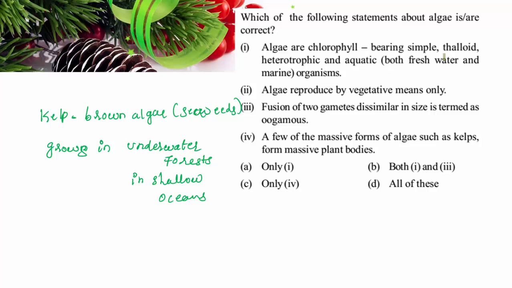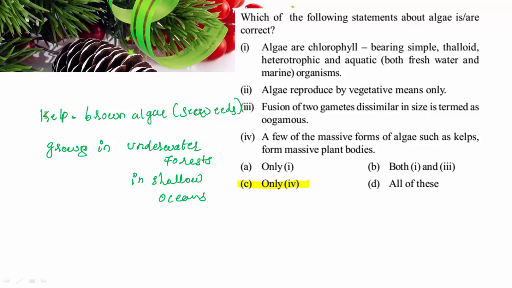A few of the massive forms of algae such as kelps form massive plant bodies. So only option C, that is the fourth statement, is correct with respect to the given statements regarding algae.